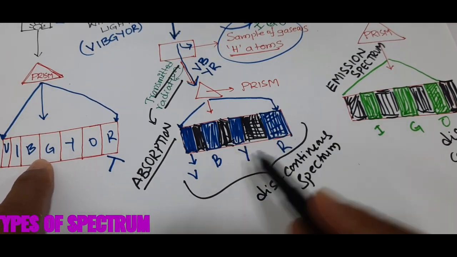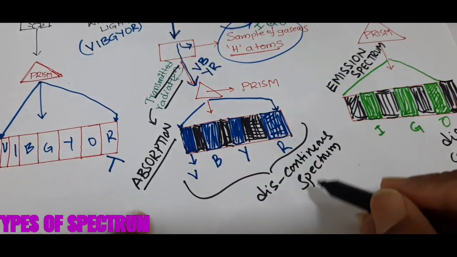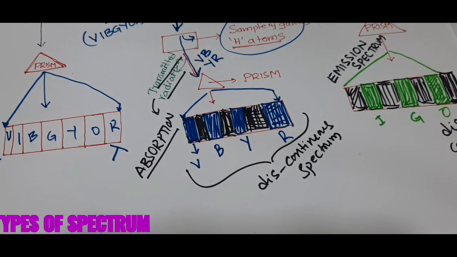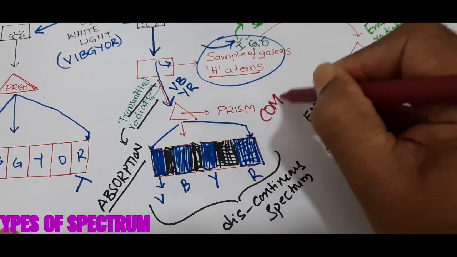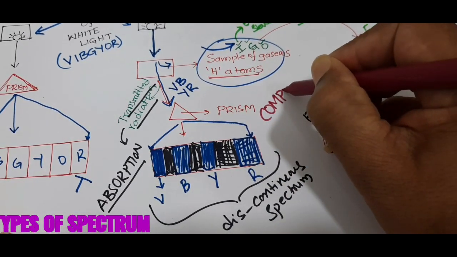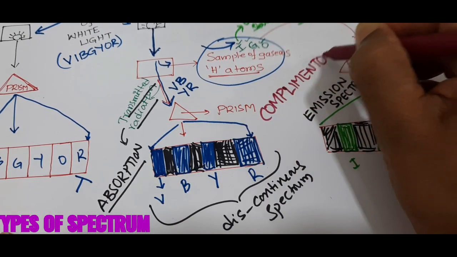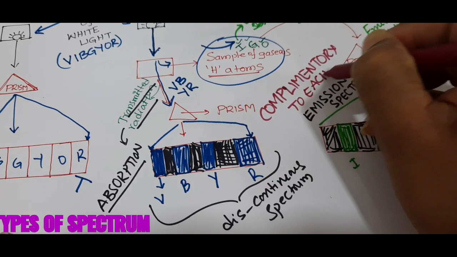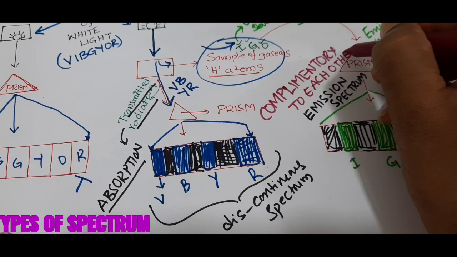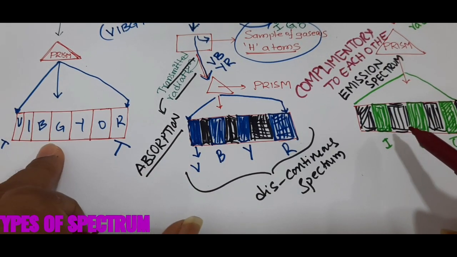Understood? And these two, absorption and emission spectra, are complementary to each other. What is meant by complementary? Very simple. If you join these two spectra one above the other, you get this spectrum.